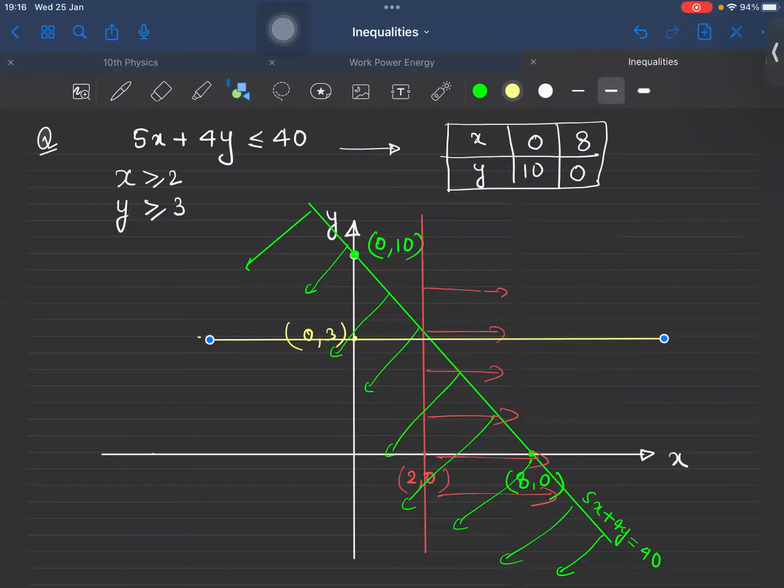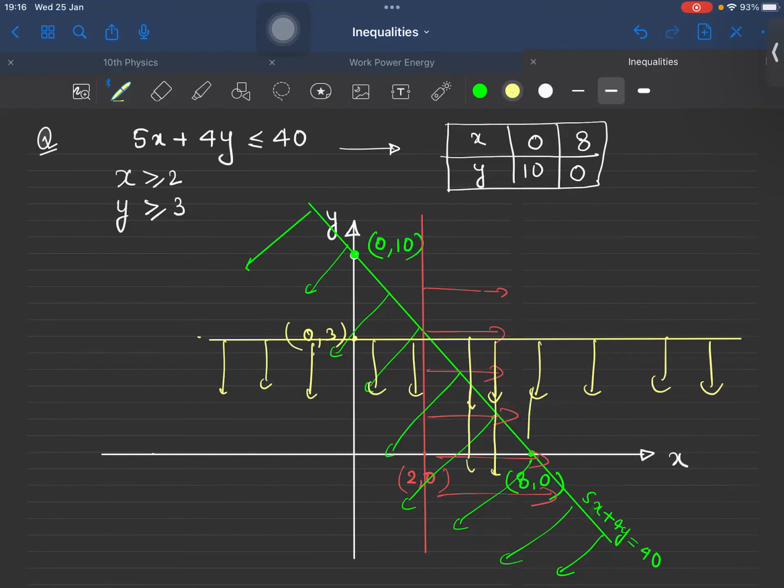According to the problem, all the values on the required side of this line are valid. What is the common region we are getting? This triangle is the common region we are getting, right?